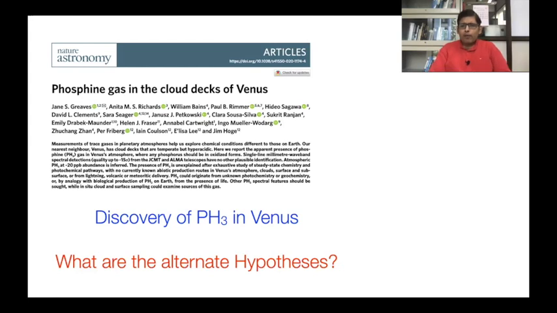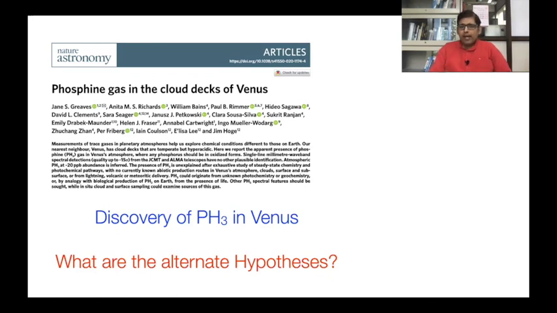When we talk about alternate hypotheses, something that came to my mind immediately is news that came out in the press a couple of days ago, maybe sometime this week. It is based on a research paper which says that they found phosphine gas in Venus. Phosphine is typically a gas that comes from bioprocesses.